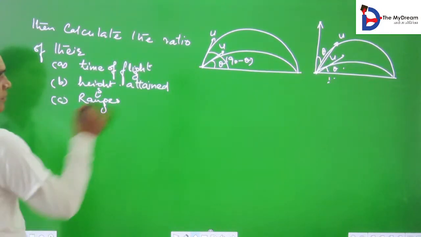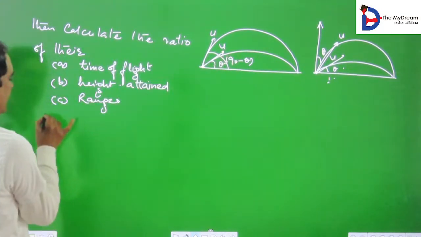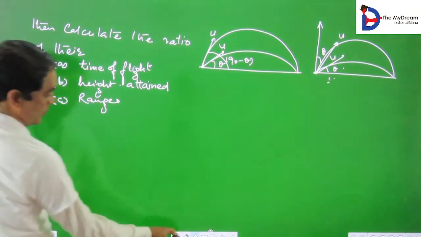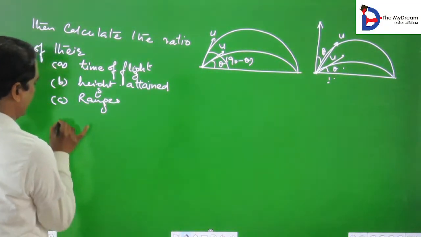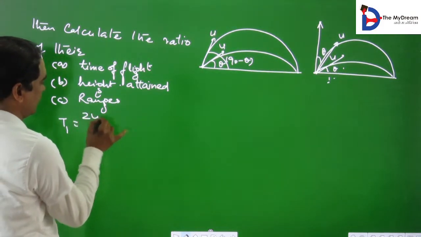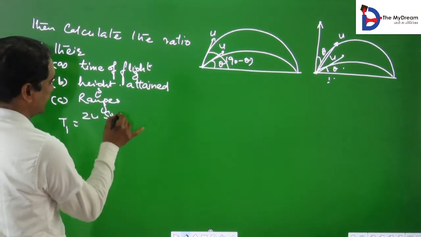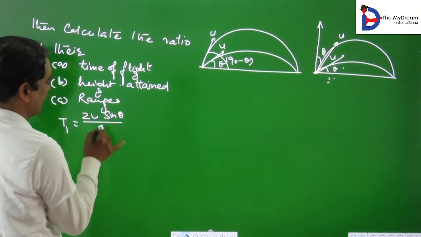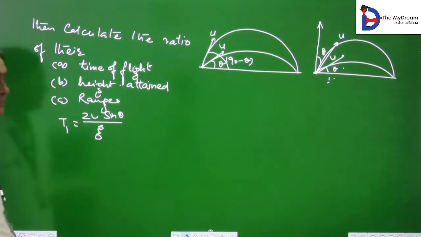First one is T1, twice of u sine theta. This is the formula of the time of flight.